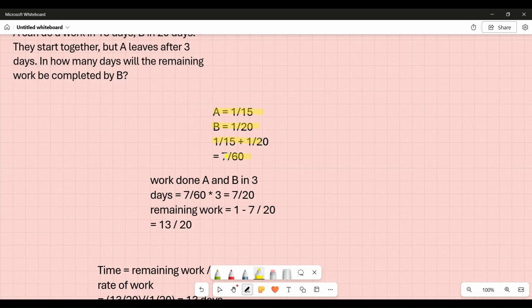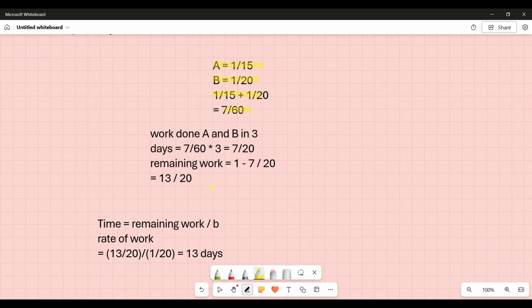It came around 7 upon 60. After that we calculated the work done by A and B in 3 days. It came around 7 upon 20. So the remaining work can be calculated by 1 minus 7 by 20, which comes around 13 upon 20.